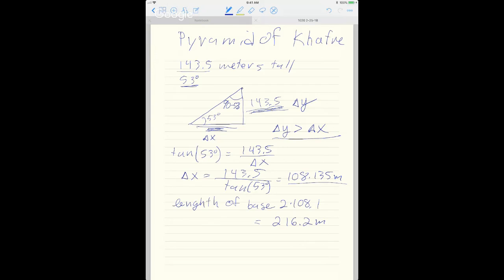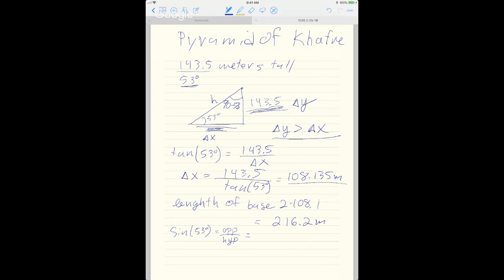All right, so maybe we should find the length of the slope too. I'll call this h for hypotenuse. All right, so now we have a choice. We can use the Pythagorean theorem. I think in the spirit of reviewing trig more, I'm going to use the sine of 53 degrees, which is opposite over hypotenuse.